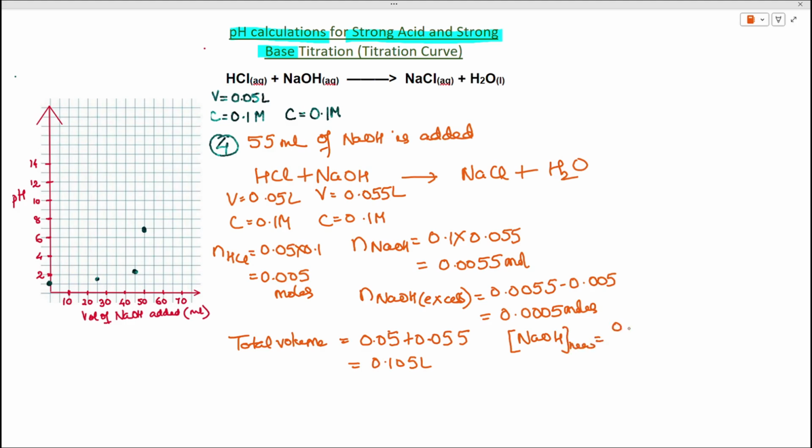Now we'll calculate the concentration of NaOH, which is the new one. So this is number of moles, 0.0005 moles, divided by the total volume, which is 0.105 liters. So the new concentration of NaOH is 0.00476 moles per liter.